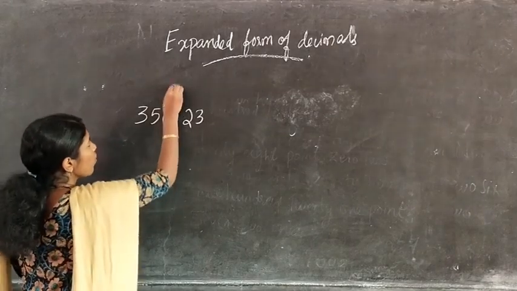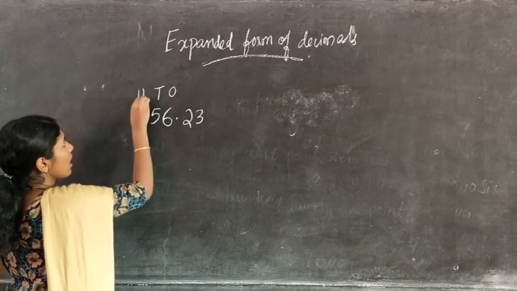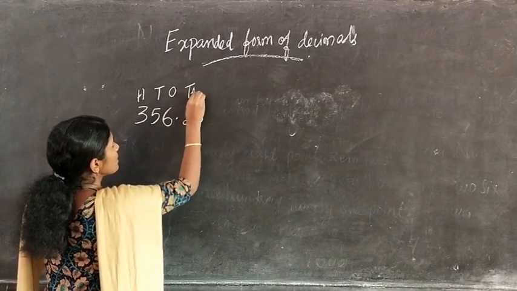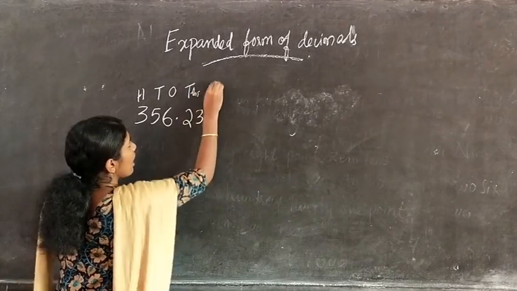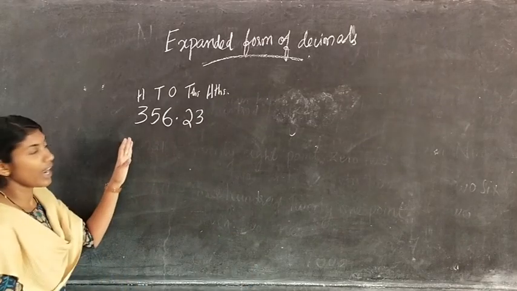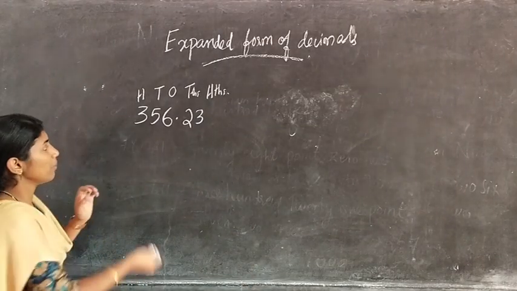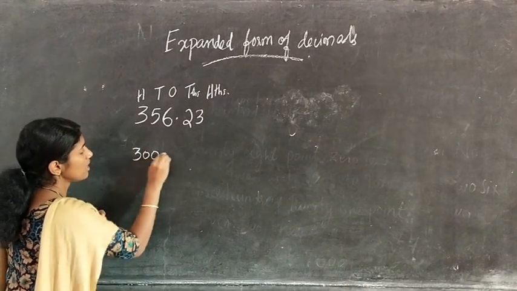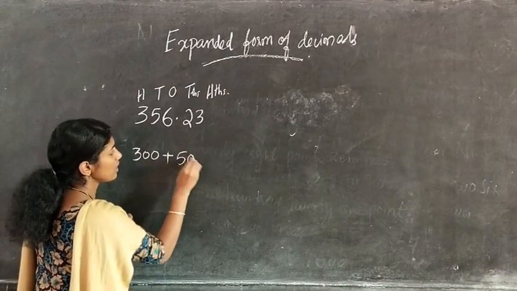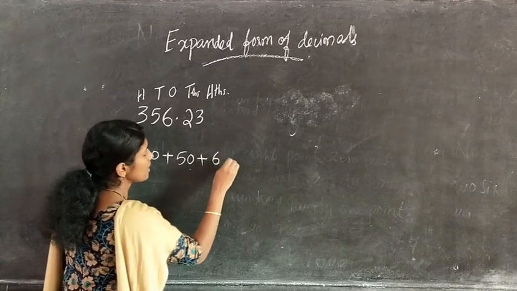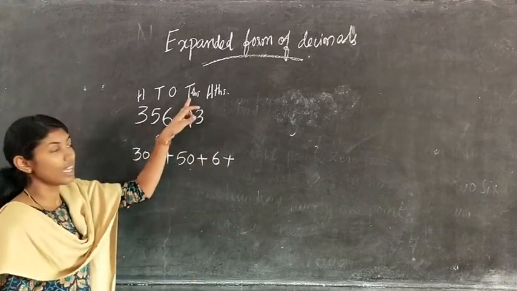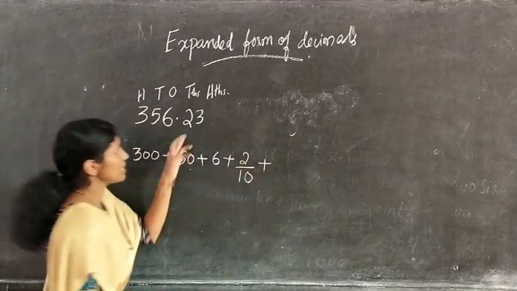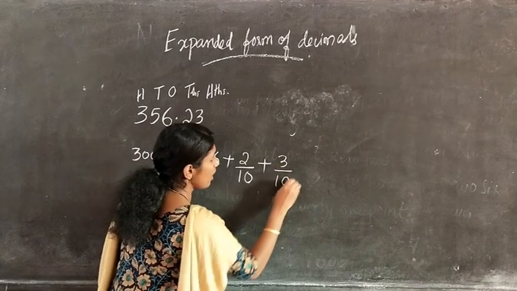Now we can write the place values. Here one is ones, tens, hundreds. Now after decimal we have tenths and here hundredths. So we have to write the expanded form of this decimal number. You know that the place value of 3 is 300. Then 300 plus 50 plus 6 plus. Then after decimal it is tenths place. So that is 2 by 10 plus 3 by 100.